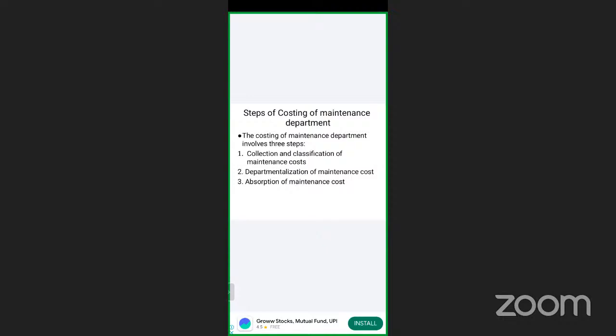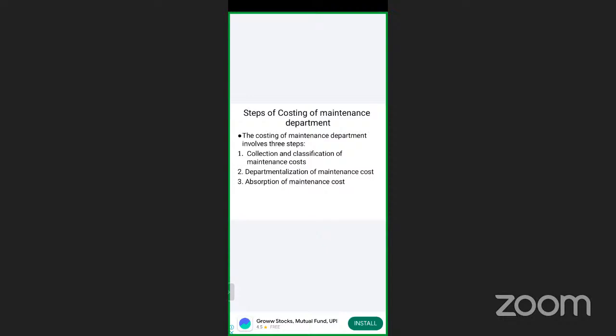Here we have to accumulate all the different costs and find out the total cost incurred by the maintenance department. These are the three different steps which we will see in detail later. First one is collection of the cost. Second one is segregation of the cost as per the department or as per the products, whatever may be.